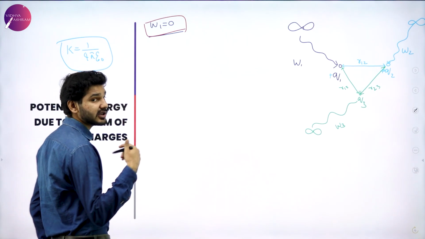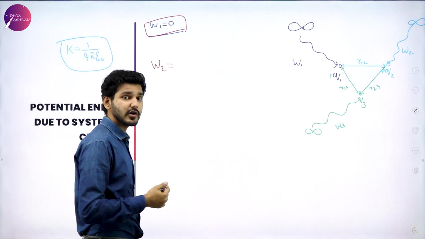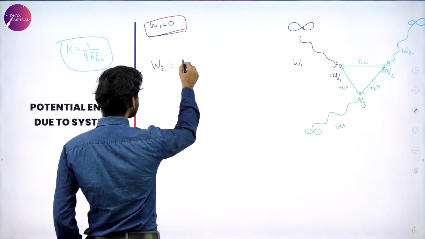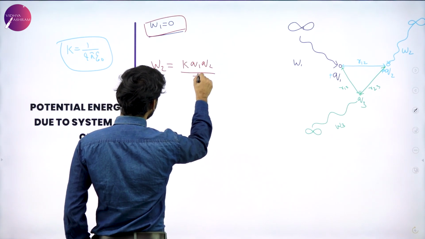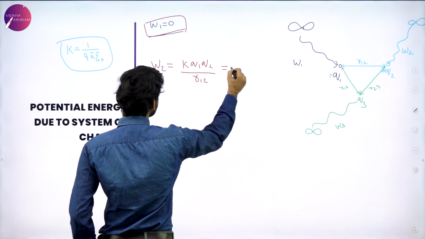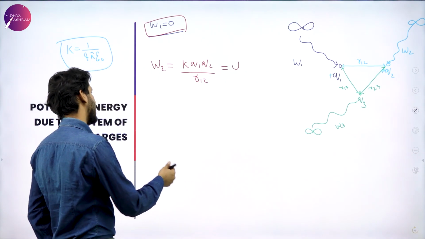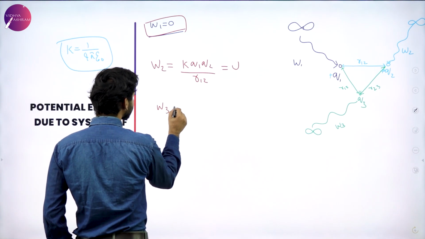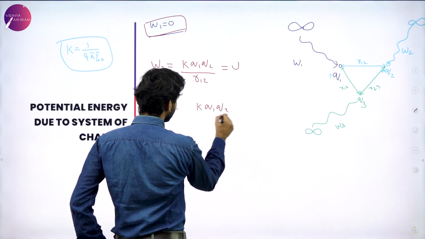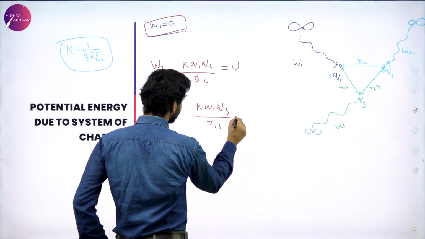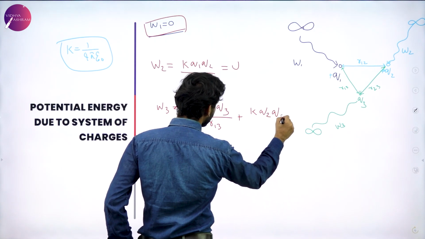W2 was equal to K Q1 Q2 divided by R12, which is nothing but the potential energy of a system of two charges. Now W3 was equal to K Q1 Q3 divided by R13 plus K Q2 Q3 divided by R23.